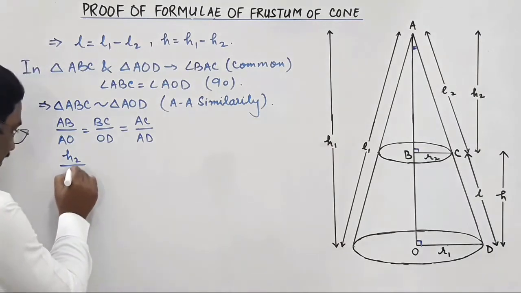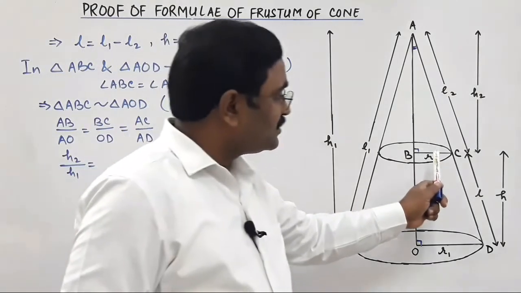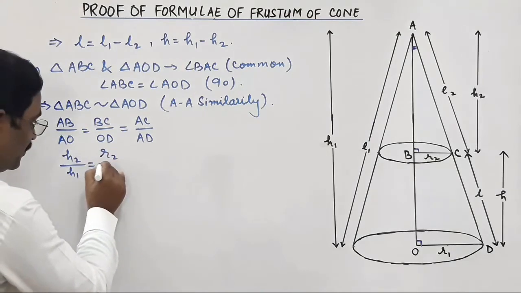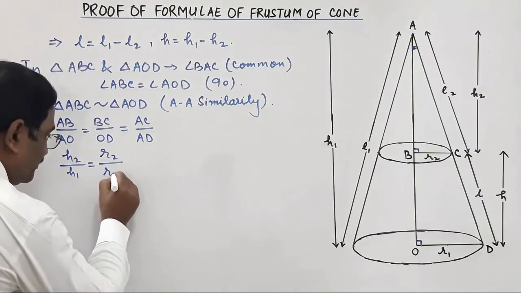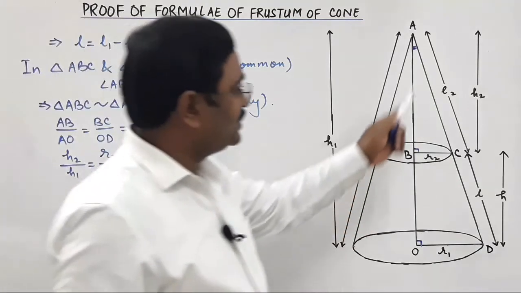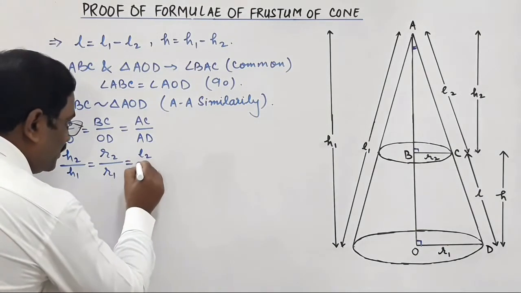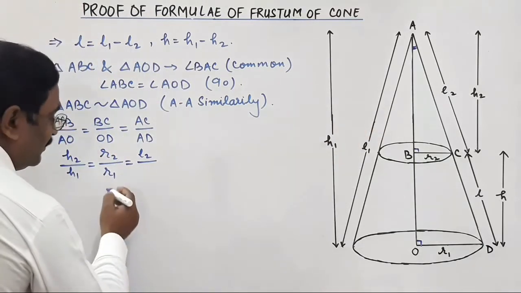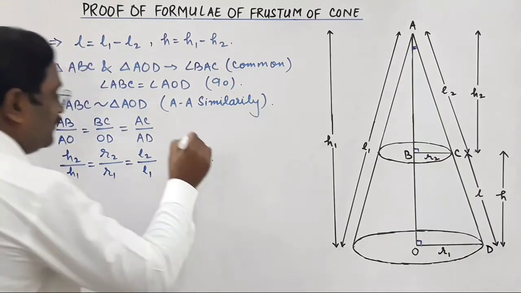So H2 upon H1 equals, second, BC, the radius of the smaller cone, which is R2, upon OD, the radius of the bigger cone, which is R1, equals AC, the slant height of the smaller cone, L2, upon AD, the slant height of the bigger cone, which is L1. Say this is equation number 1.